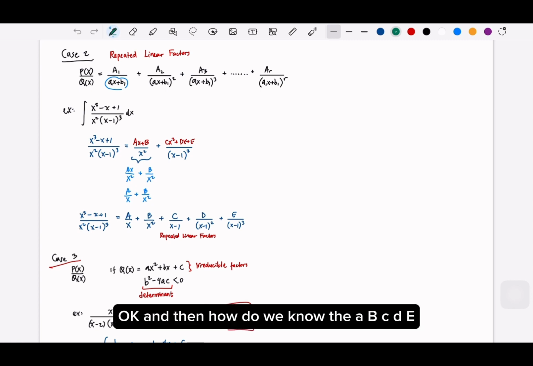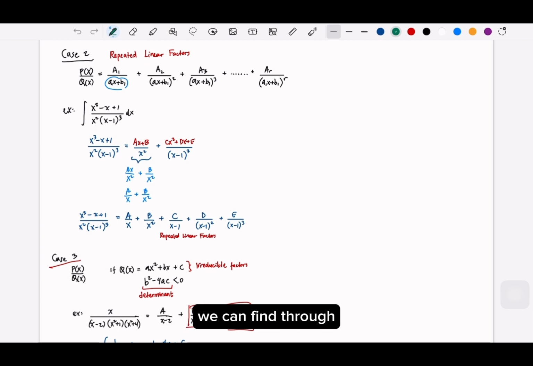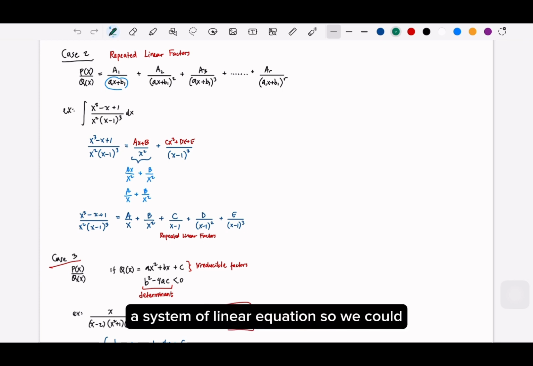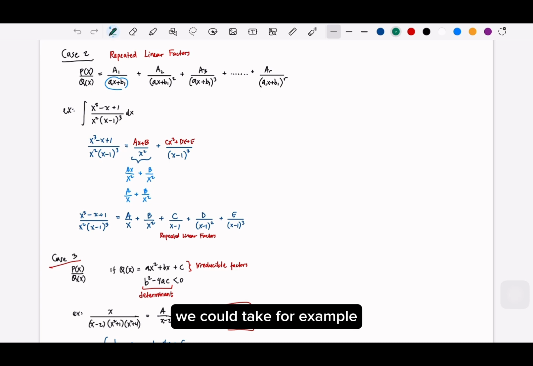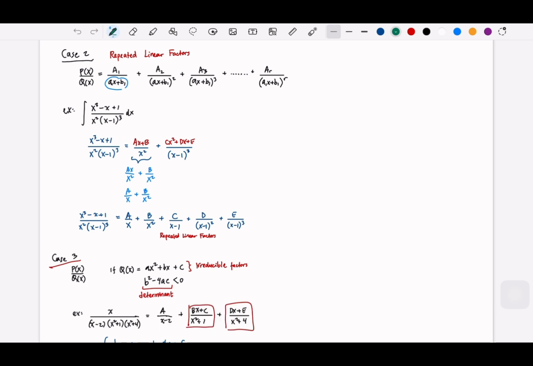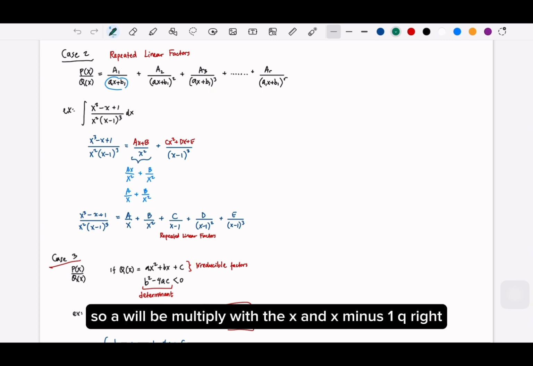Okay, and then how do we know the A, B, C, D, E? Exactly as we did before, we can find them through a system of linear equations. So we multiply everything and then divide, and then we have the a. So a will be multiplied with x and x minus 1 cubed, right?